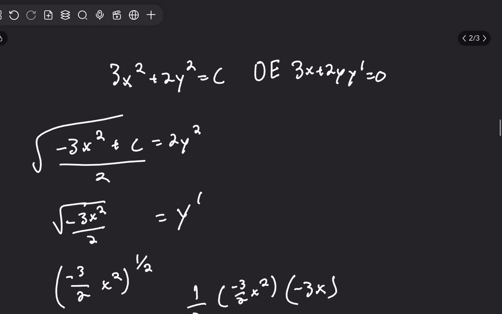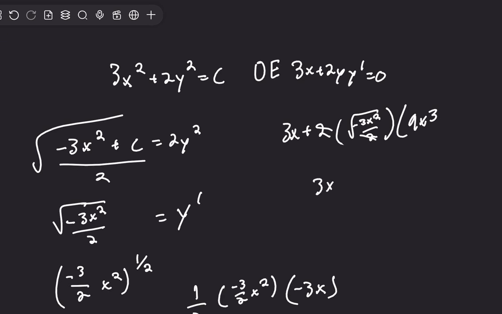Now we go back to this equation, and we'll plug in what we have. So 3x plus 2, the y value we solved for before was the square root of negative 3x squared over 2. This 2's cancel out, and then our y prime was 9x cubed.